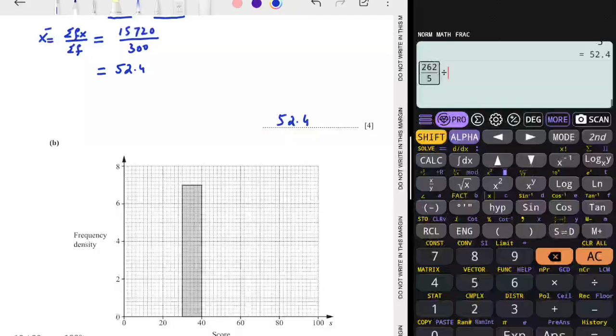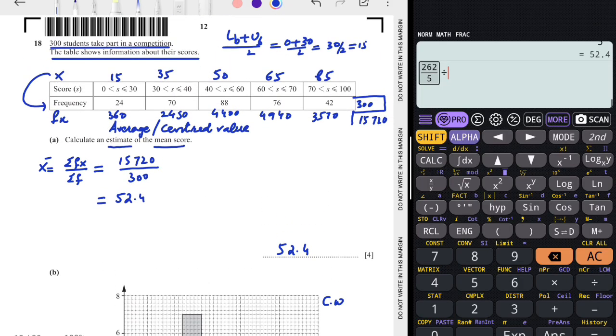First of all, we have to write class width. Class width is actually the gap between lower boundary and upper boundary. So the first gap is 30, 30 minus 0 means 30. And the second gap, 30 and 40, is 10.